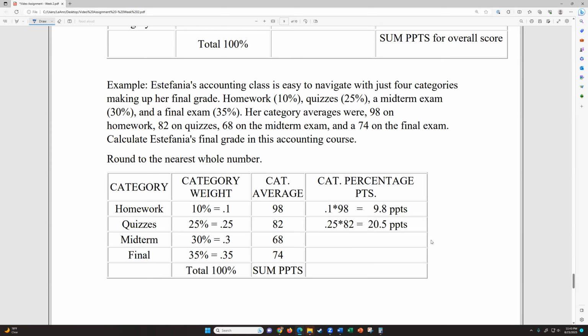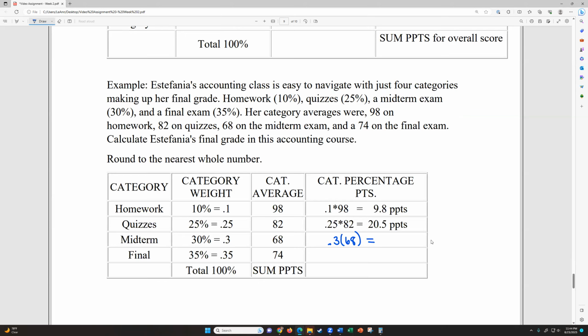And same thing here, 25%: if you make a 100% category average, the most you could get is 25 points. But she had an 82 average in that category. So 0.25 times 82, she earned 20.5 points out of a possible 25 points towards her final grade. Then we have 0.3 times the 68.